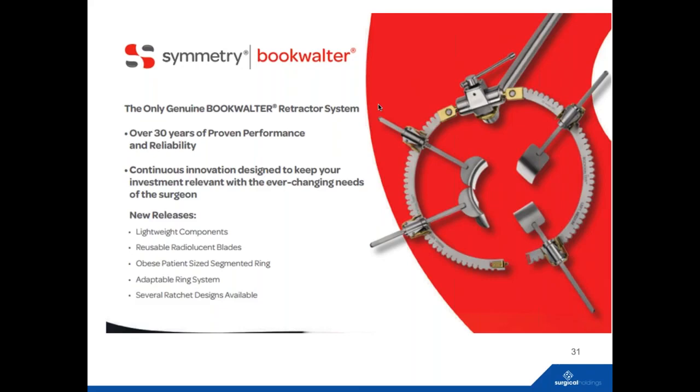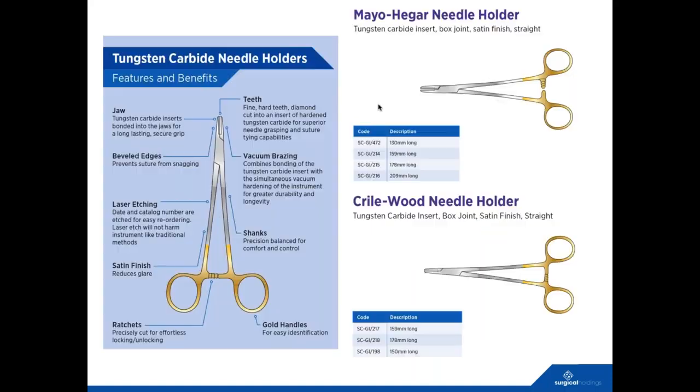There's a table post which attaches onto the ring, and then the retractor blades can be attached to the outer ring by way of different ratchets, which are excellent, because if you're in surgery, you don't actually have to hold on to them. I believe that's how Dr. Bookwalter invented this device, by falling asleep whilst holding a retractor, and then realizing that actually wasn't needed at all. So there's a bit of a story there.